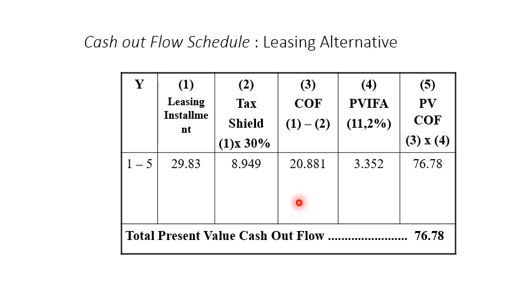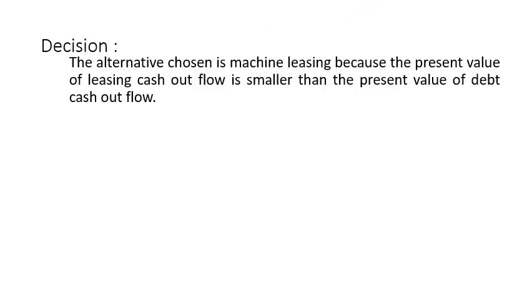All right, then the conclusion is that the alternative chosen is machine leasing using the end of period payment. I think I have to add this, and leasing, and end of period payment, because the present value of leasing cash outflow is smaller than the present value of the loan cash outflow.